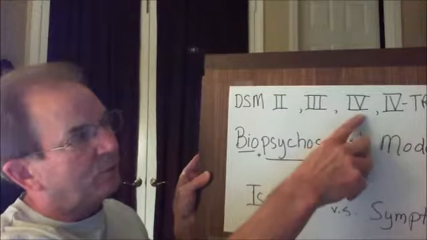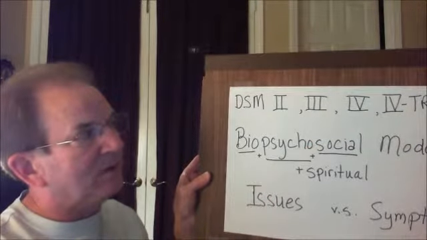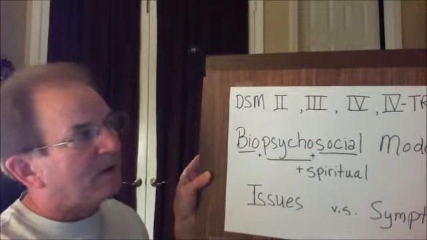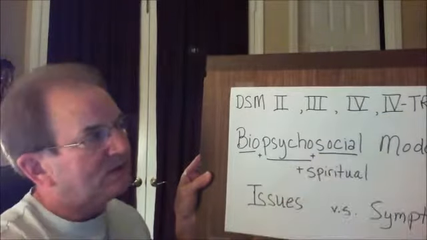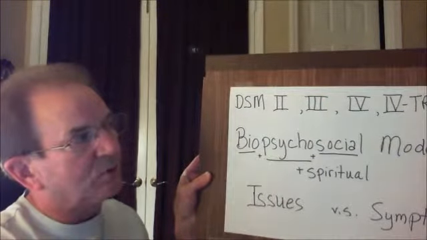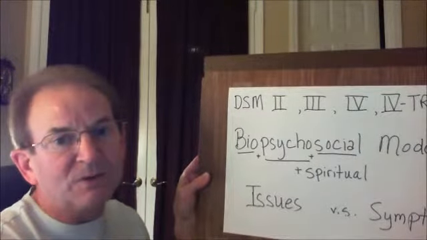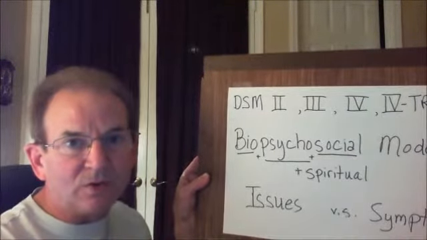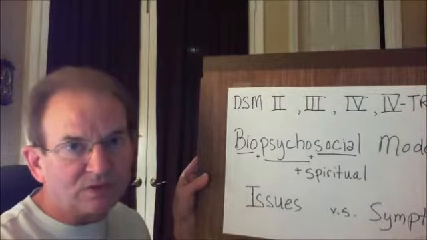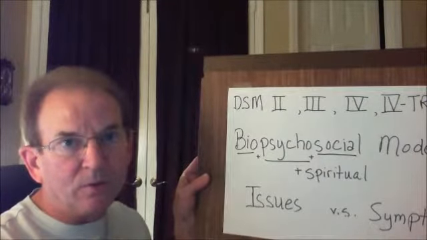The DSM-4 was developed, I believe, about 1980. It was revised in around 2000, the 4TR, and just now, recently, the DSM-5 has been released, which continues to follow the biopsychosocial/spiritual model.